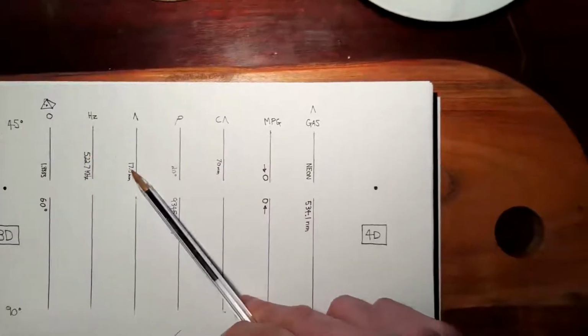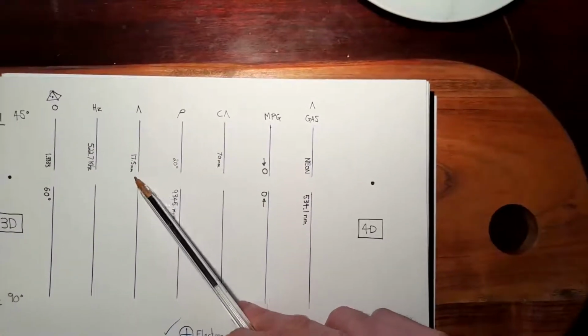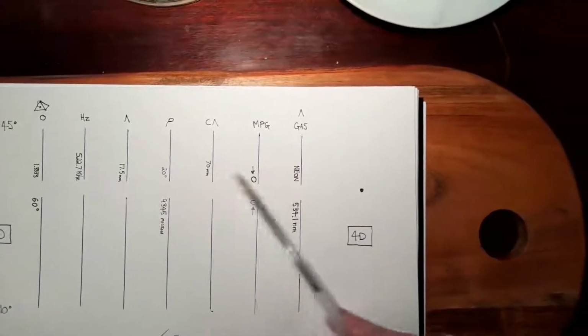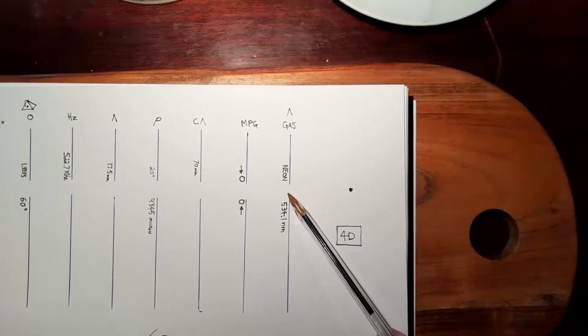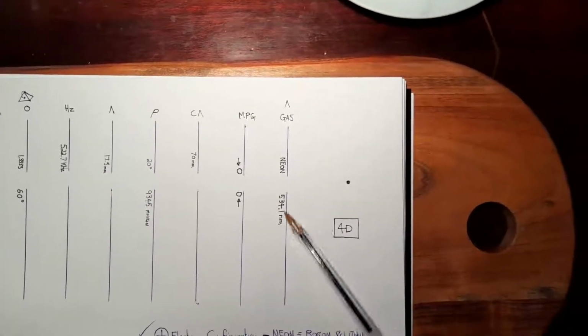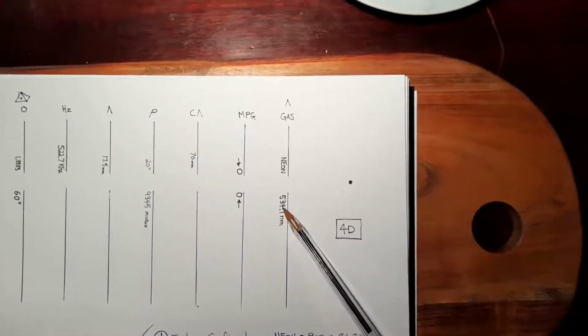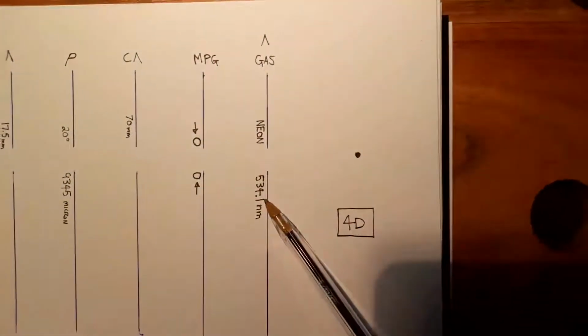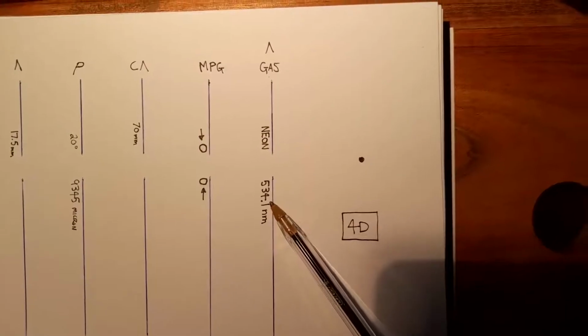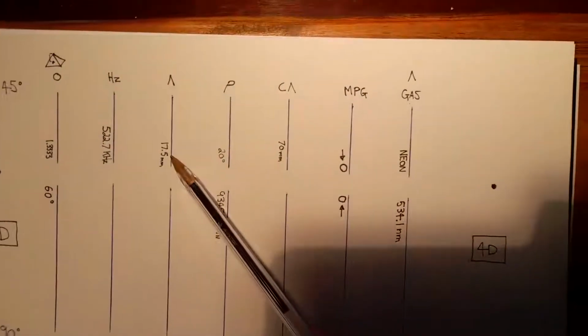So the three are married together. This and this creates velocity, but it is a specific set of octaves away from this, which is your carrier. So this wavelength here is exactly 15 octaves away from this one.